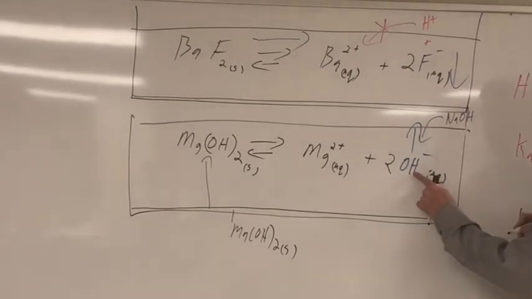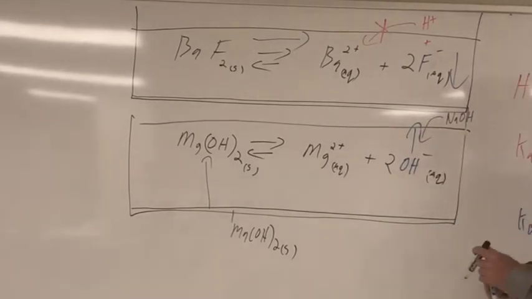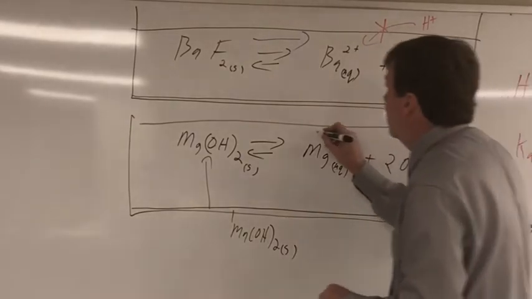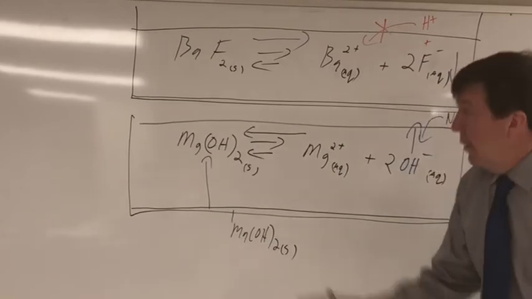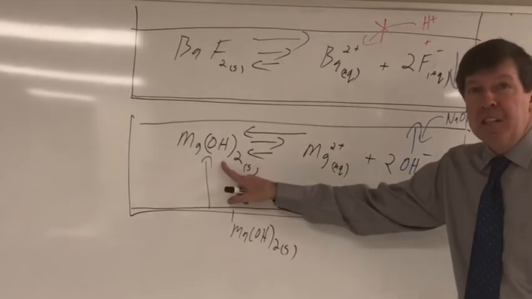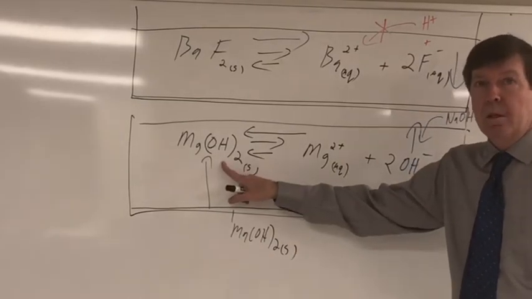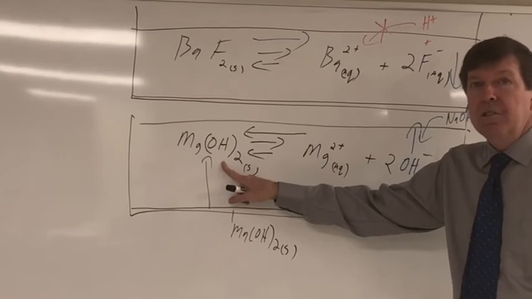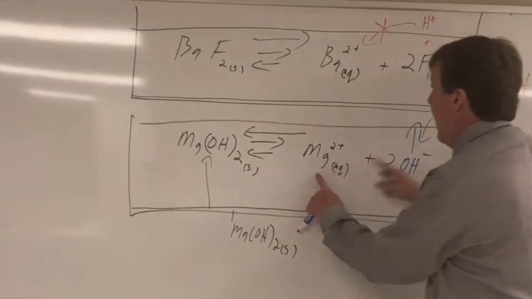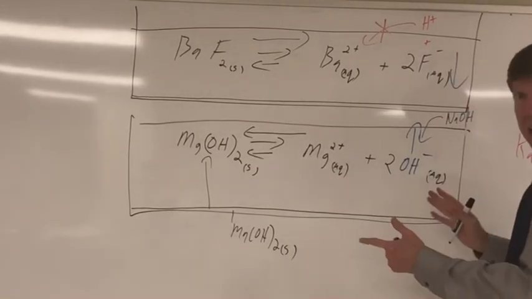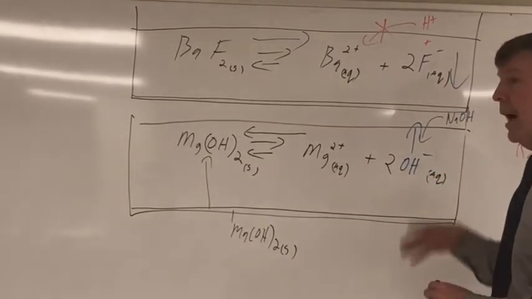The hydroxide ion goes up. The equilibrium is going to shift in this direction, reducing the solubility of this substance. Good example of the common ion effect. Whenever we add a common ion from an outside source, we're going to see this happen.